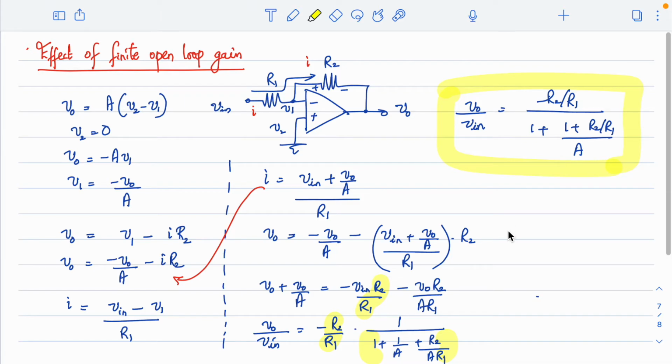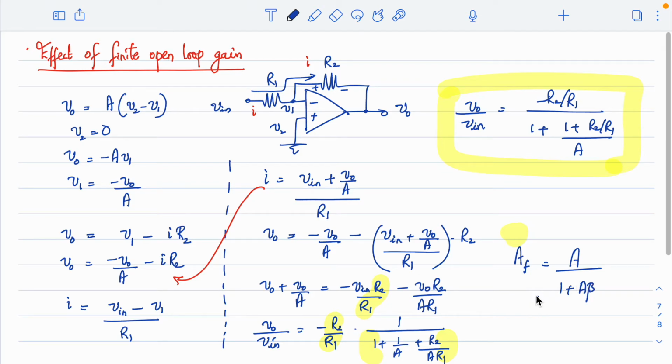As per your question, what we know in general is for a negative feedback circuit, the closed loop gain is equal to open loop gain divided by 1 plus A beta, right? This is what we know in general. Yeah, definitely, I think we can do that. In both the cases we can derive this form.